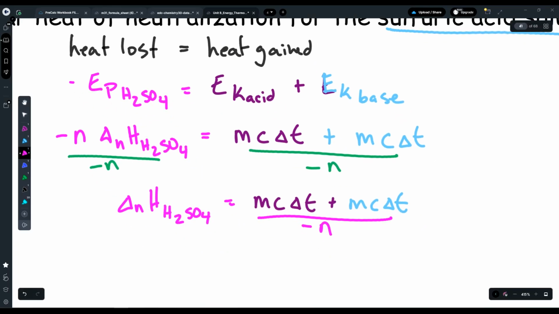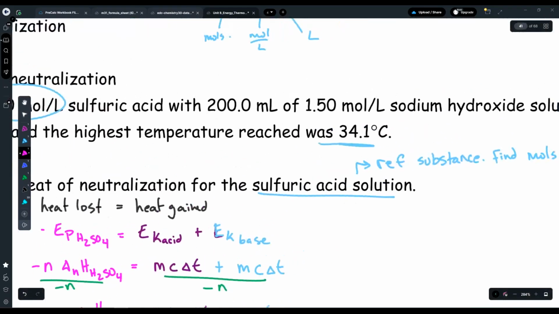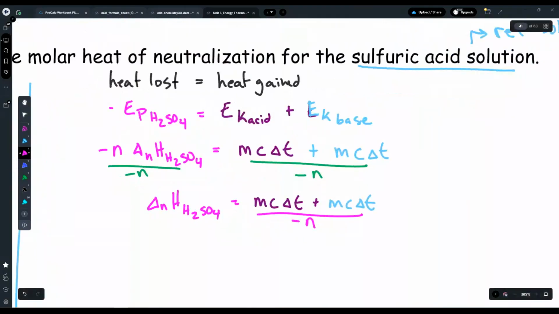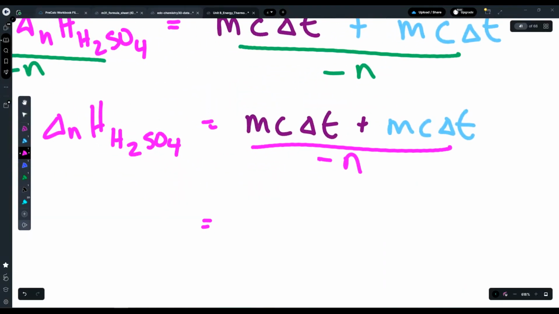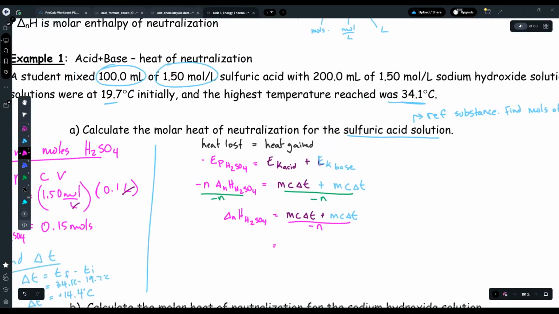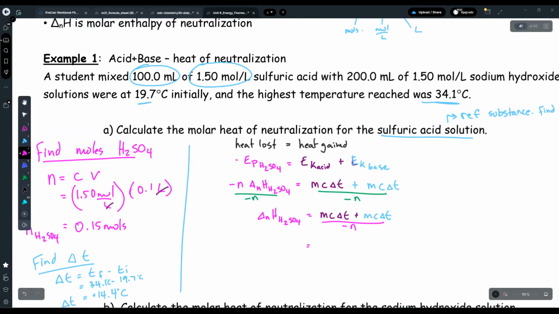So remember, anything pink has to do with sulfuric acid, anything purple has to do with our acid, which is sulfuric acid, and then anything blue has to do with our base, which is sodium hydroxide. All right, so our mass of sulfuric acid is going to be this 100 milliliters.